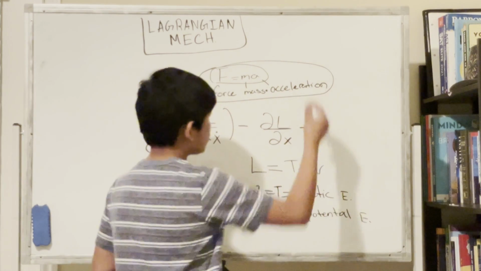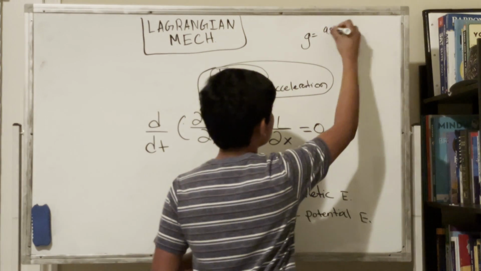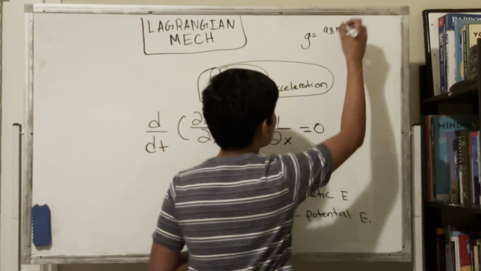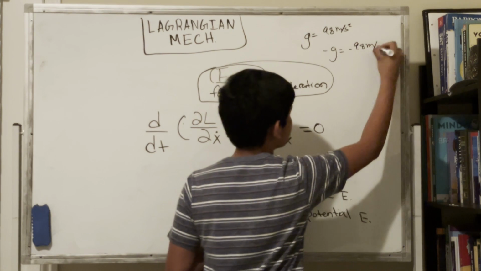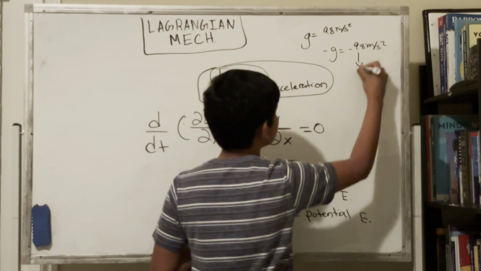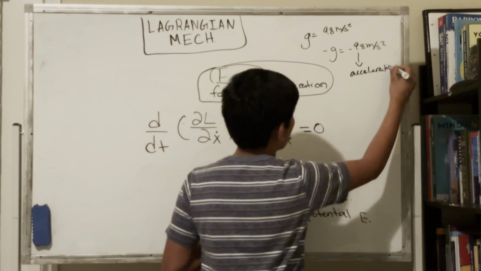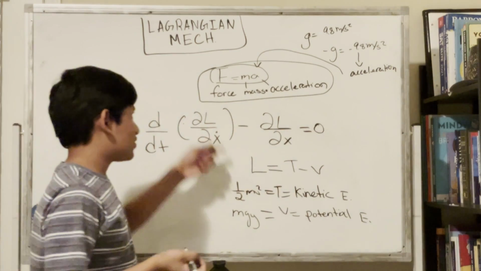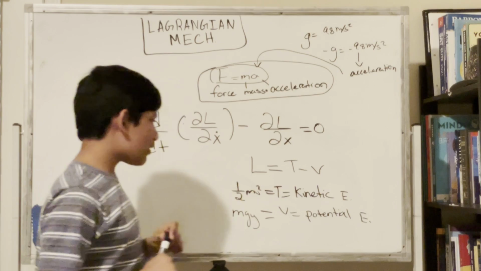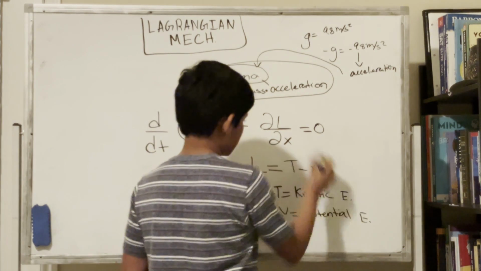Notice that g is 9.8 meters per second squared. And when we have minus g, this is minus 9.8 meters per second squared, and this is the acceleration. Now this term will become very useful when we transform this equation into F equals ma. So now, let's compute the arithmetic operations by just subtracting them.